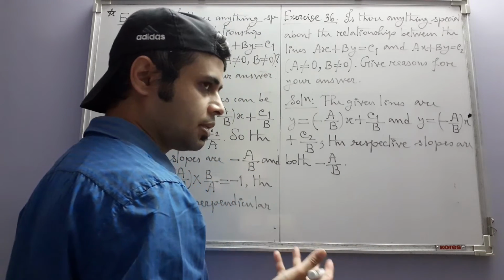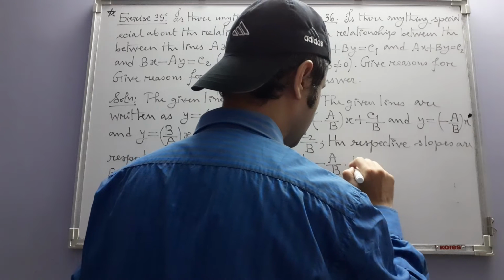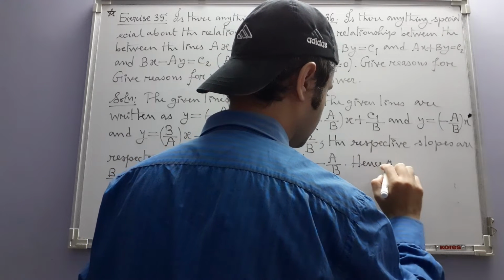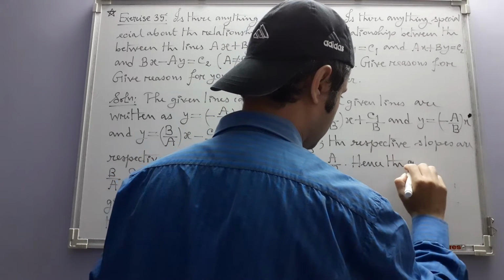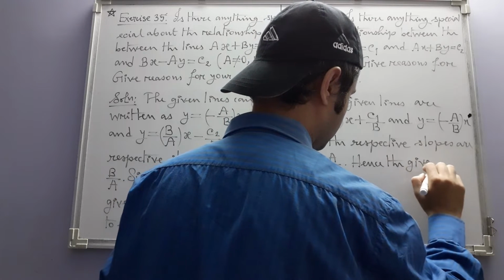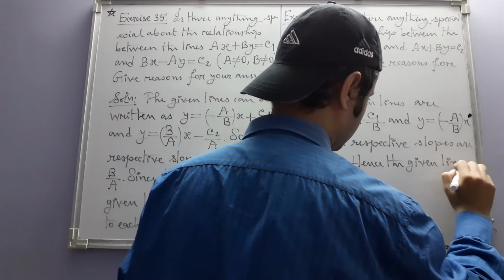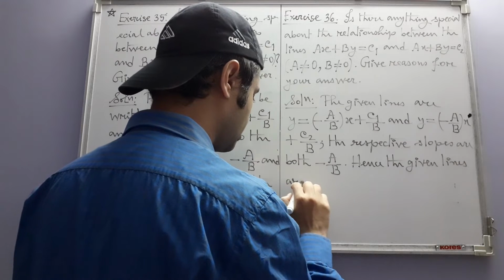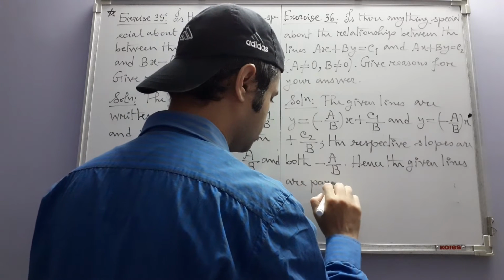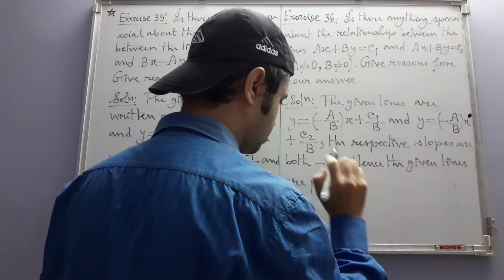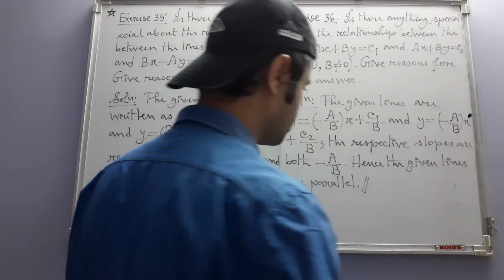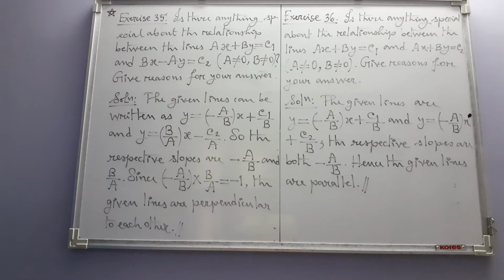So they have the same slope. Hence, the given lines are parallel. So that is the relationship between them.